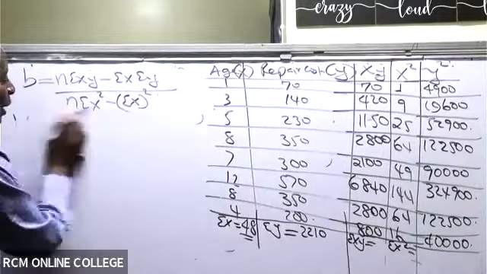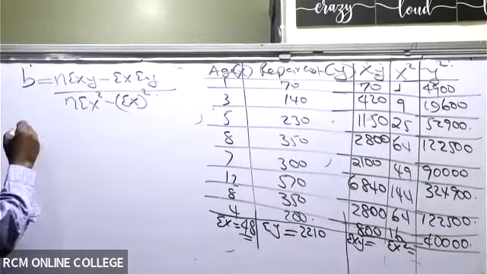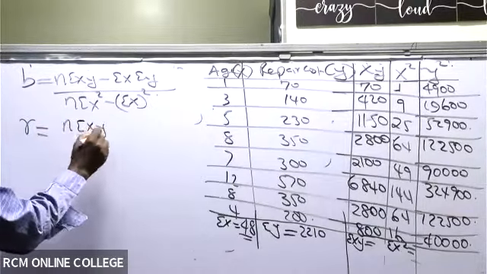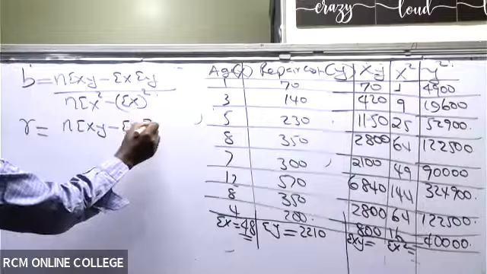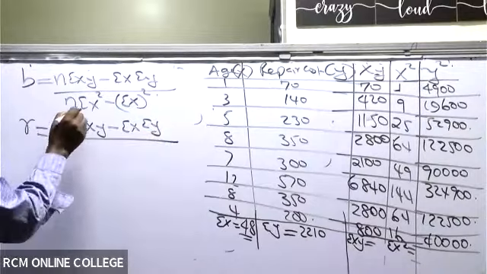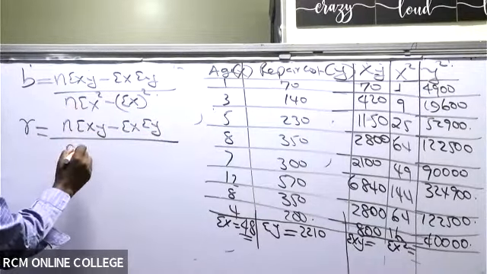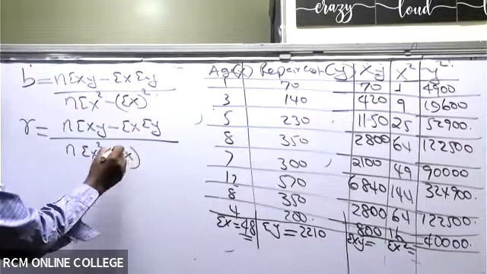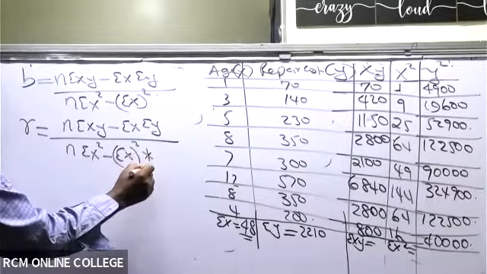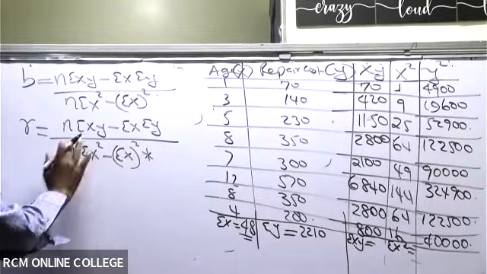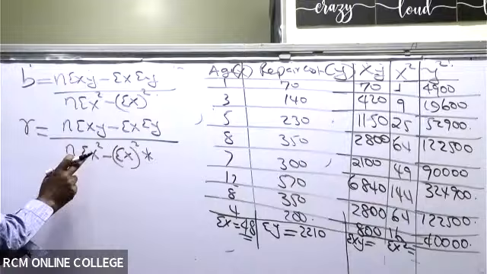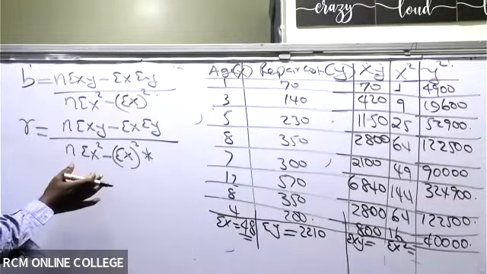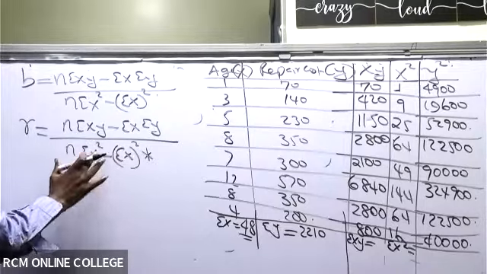To get our r, this is what we do. The numerator will be the same: n summation of xy minus summation of x, summation of y, all over this: n summation of x squared minus summation of x squared, times the same style but now replaced with y, because you are correlating two variables.